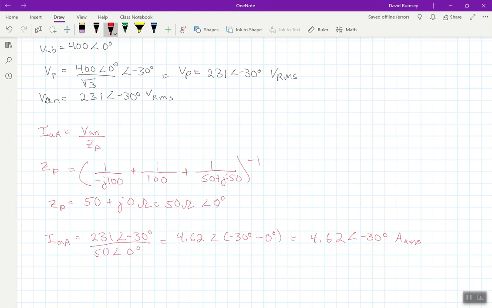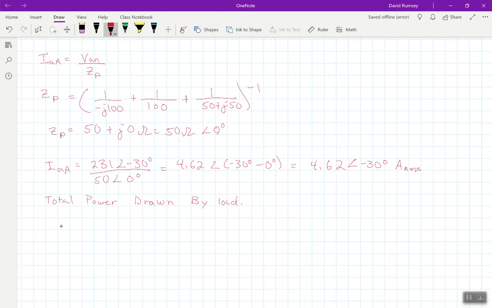So now we want to know what the total power drawn by the load is. Well, if we think about the ZP, and I'll put here the A connection, we know the voltage across that.